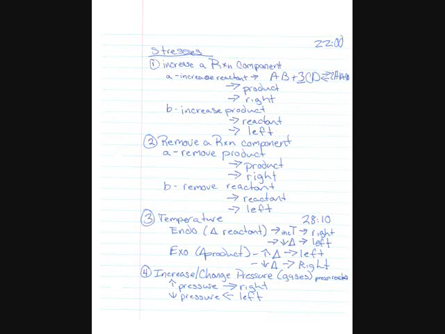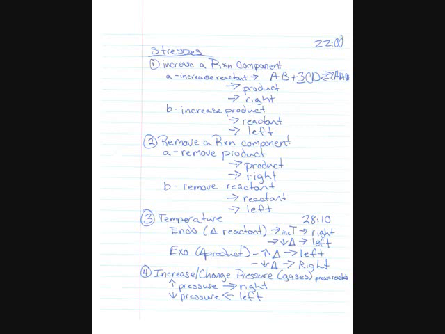So heat would be, I'm just going to indicate heat like that, a reactant. It needs it to react. So if I increase the temperature, what's going to happen to my equilibrium? Okay, think about it. We're at equilibrium. Heat is over here on the reactant side. If I increase reactant, it's going to go towards product. It would be a shift right.